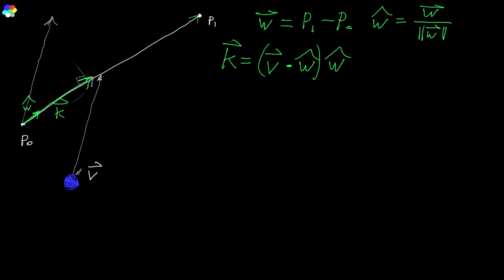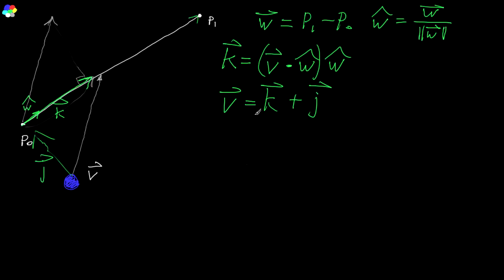But we want to know the part that is going into the wall, right? That's the perpendicular component. So if we know the parallel component and we know the entire velocity, velocity is equal to the parallel component K plus the perpendicular component J. So let's call this J for now.